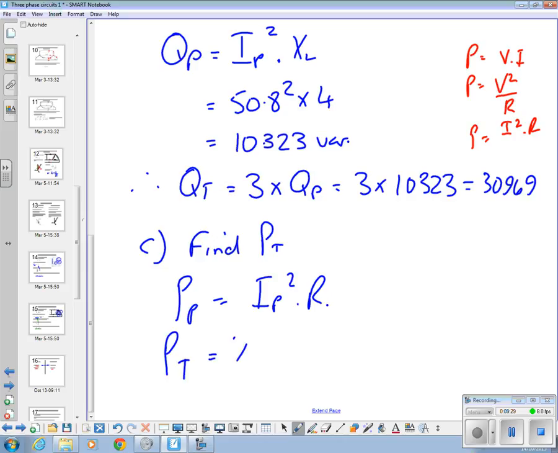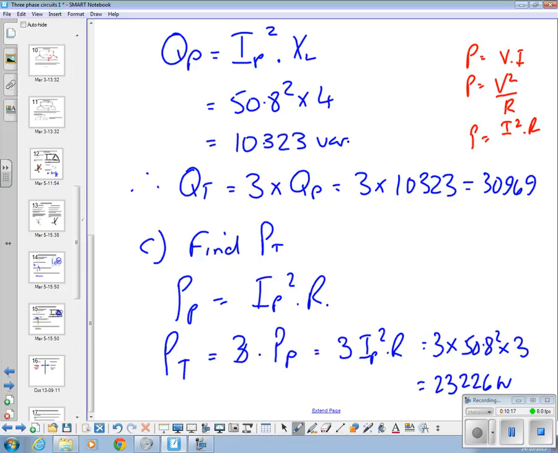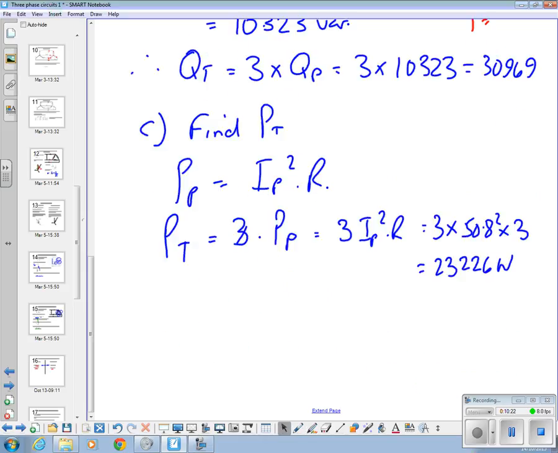P total is equal to 3 IP squared R, equals 3 times 50.8 squared times 3, equals 3 times PP, all in one go. 23226 watts. I made it.